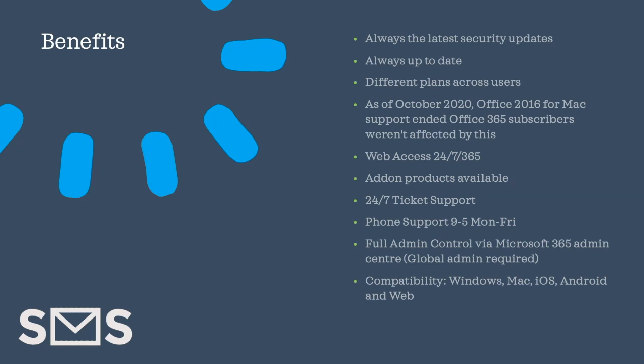So currently 365 is operating on 2019, so when, for example, 2022 comes out, you'll get that update. It's all bundled under 365, so to the end user it just looks like 365, but there is actually a version to that. There are several different plans available, which can be used across different users.